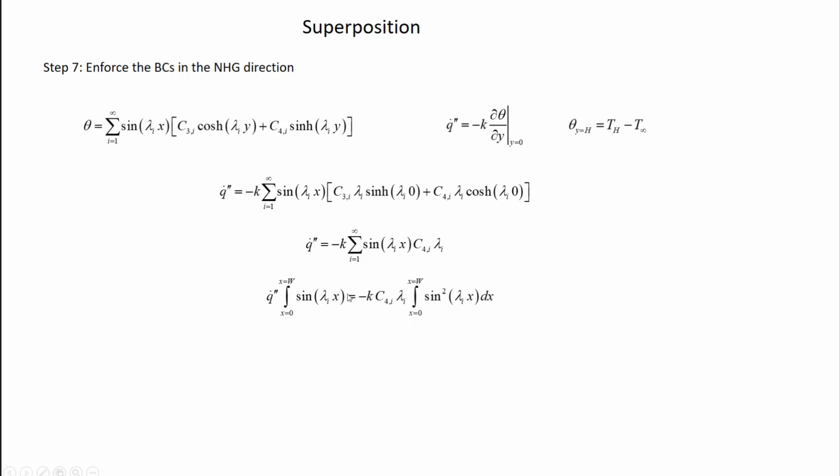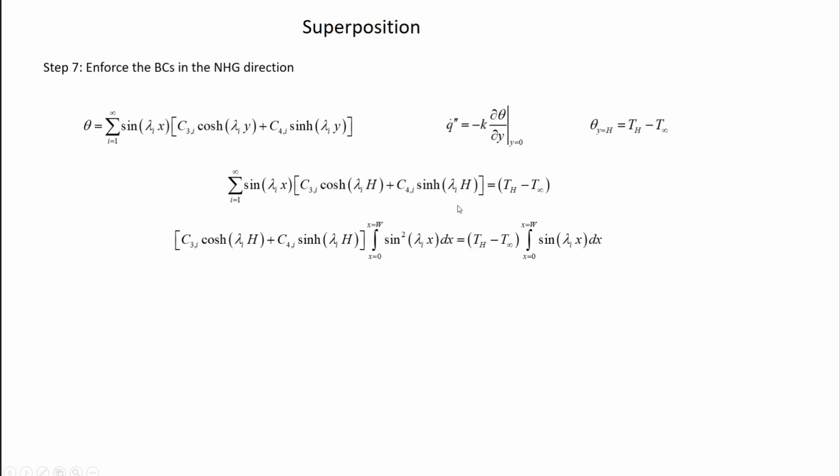So on this side I get the heat flux times the integral of the sine function, and then on this side all of those integrals of the product of two eigenfunctions integrate to 0 except for the one time where i is equal to j, right? So sine squared. So all I'm left with on this side is this part of the equation. So I have an equation here that I can use to get every one of my C4s. So at this point, all of my C4s are known, and I've satisfied this boundary condition.